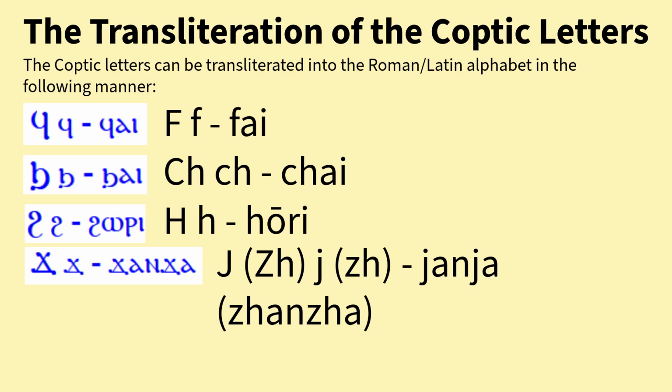So janja is transliterated as j, and I've put h here in brackets just to remind you that it's je as opposed to j. Of course, there are other pronunciations in the Greco-Bohairic dialect as to how people will pronounce janja. Sometimes it gets pronounced as a G in certain positions. However, I simply just choose to pronounce it as je.